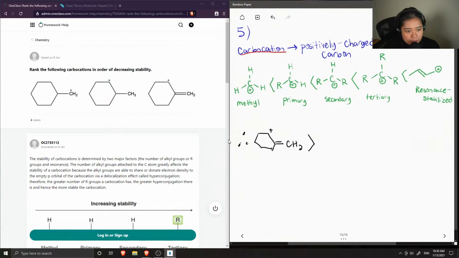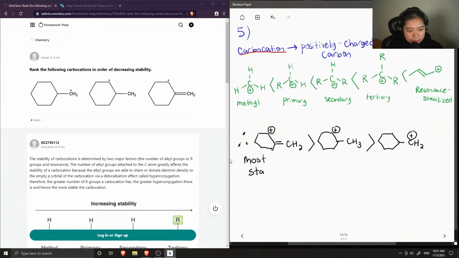So this is more stable than the secondary carbocation. This one just has a single bond, but it is secondary. And then the least stable is the primary carbocation, which is CH2 and has a positive charge. Okay, so this is our order.